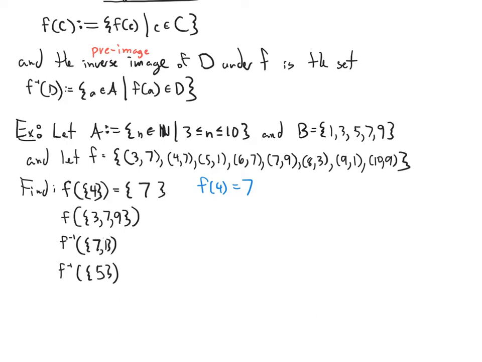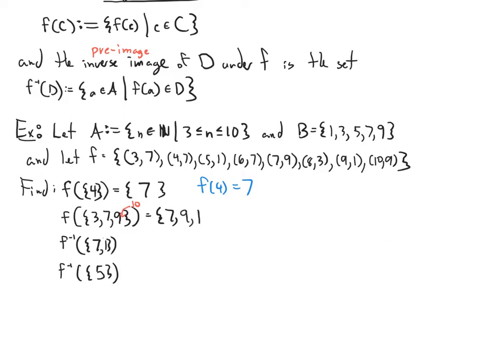So I have here 3, 7, and 9, and I'm going to put in 10 as well. So I have the subset 3, 7, 9, and 10 here. I know that f of 3 is 7, so I get 7 in this set. f of 7 is 9, so I get 9. f of 9 is 1.